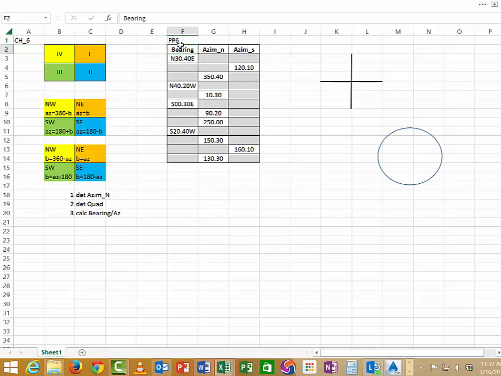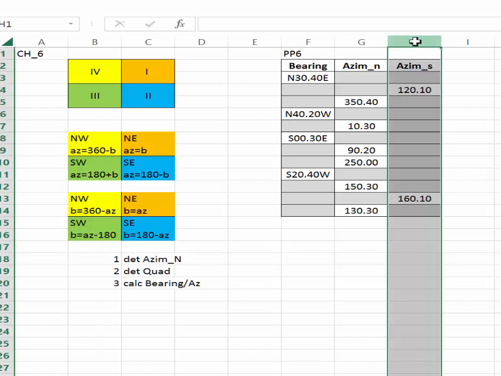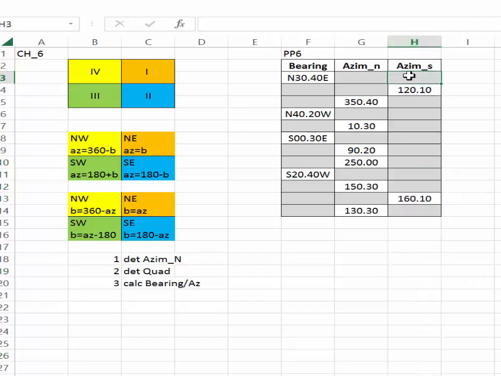And this table has bearing. Sometimes they give you a bearing. In this first case, they want you to convert to a north azimuth and a south azimuth. Most textbooks that you see don't deal with southern azimuths because we're in North America and they're just not very common in the northern hemisphere.